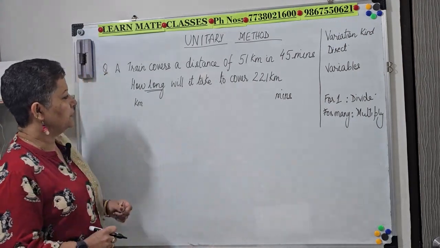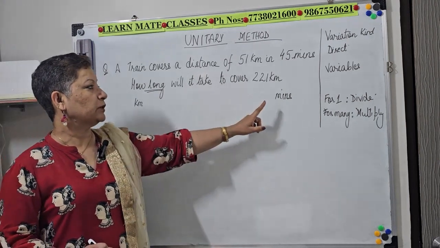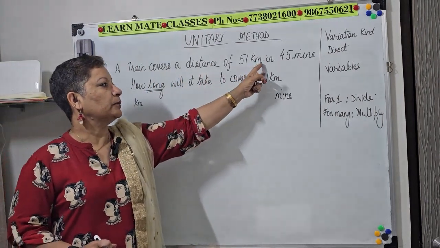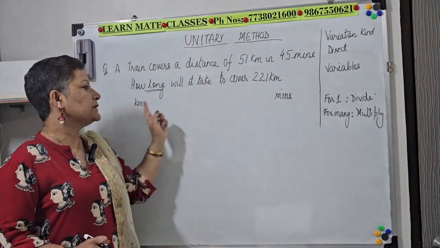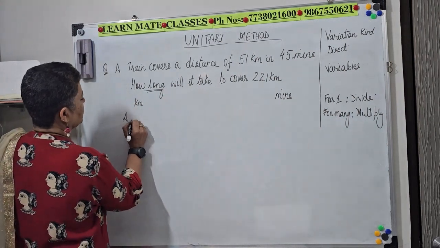So let's write down the first statement. Remember, I need to keep my kilometers here and I need to keep my minutes here. So a train runs 51 kilometers in 45 minutes.